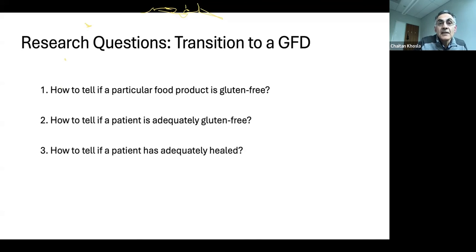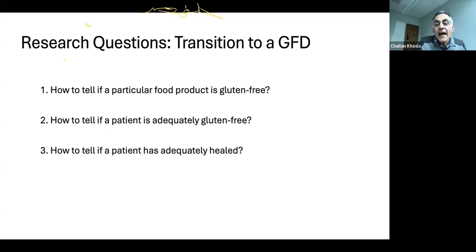Now, while that's a valid way to confirm healing, it is a fairly invasive way, it's an expensive way, and it's hard to navigate all the processes for all the patients. So this is an area of intense research in the coming years.